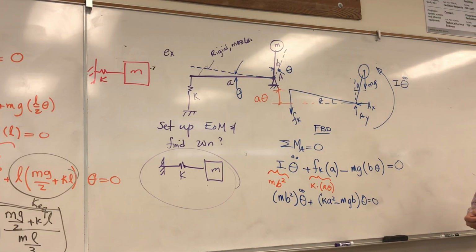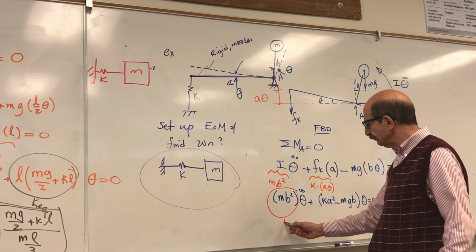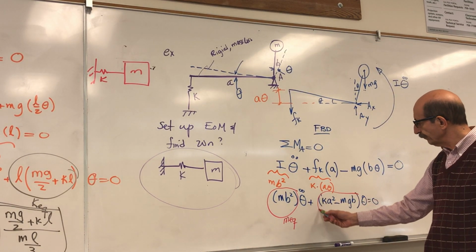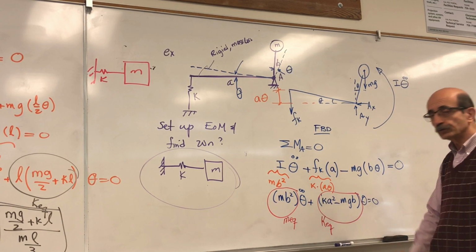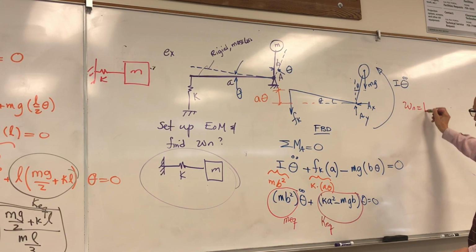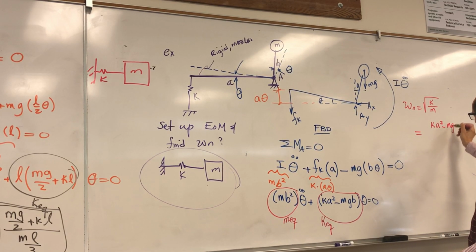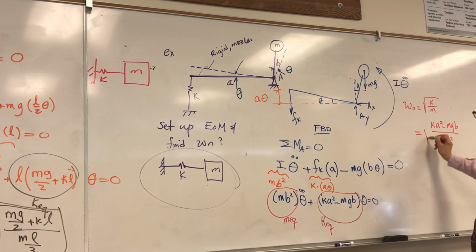Okay, so now that you've written it that way, the coefficient of the acceleration term is your m equivalent, and the coefficient of the displacement is your k equivalent. So therefore, the natural frequency, which is k over m, would be k a squared minus m g b divided by m b squared.